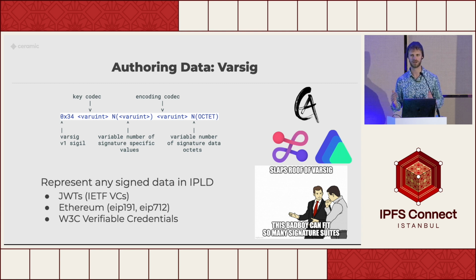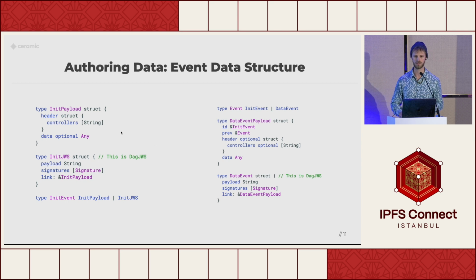And so how this is used in practice is that, for example, if we have a JWT signature, we can take the JWT object and encode the payload of that JWT as an IPLD object, since JWTs are essentially JSON. And so when someone synchronizes an object, they can see it's a pure IPLD encoded object, similar to the init payload here.